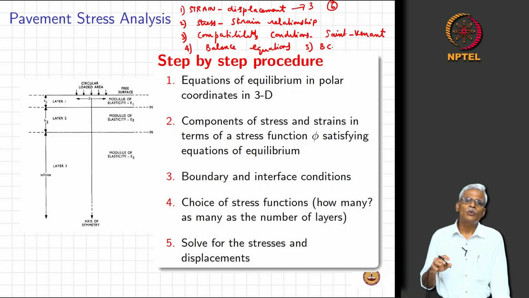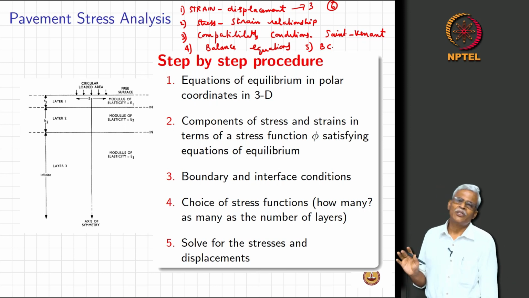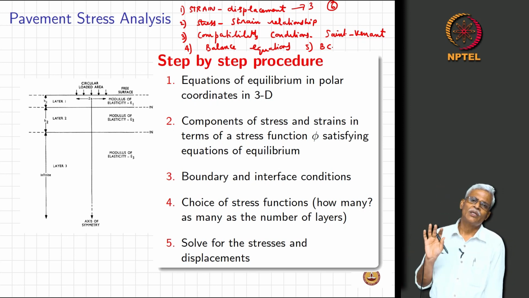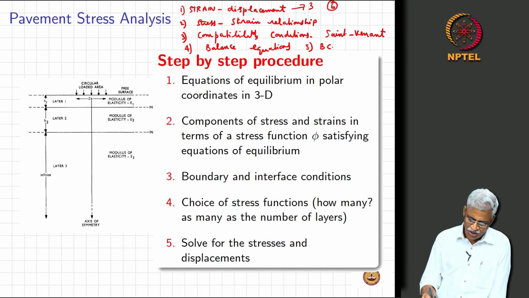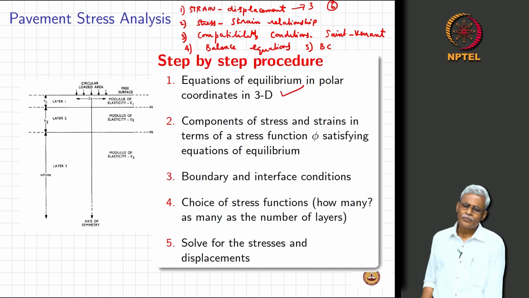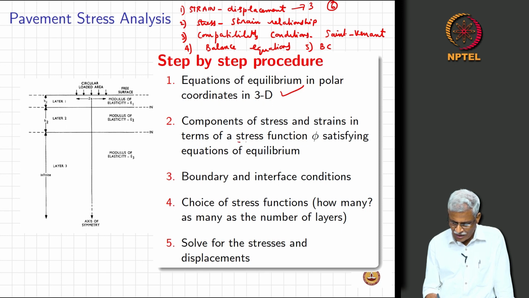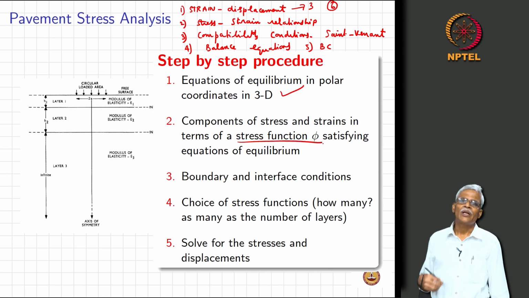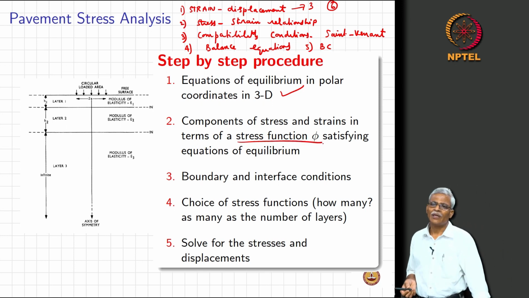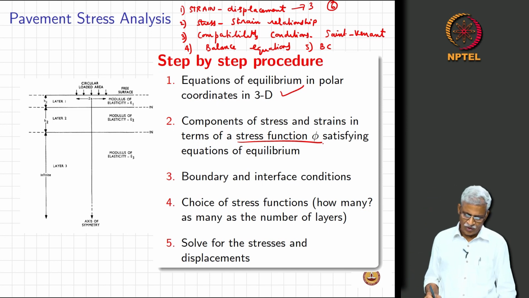Now, I am not going to do the derivation of this, but I am just going to tell you what is the outline. First and foremost, equations of equilibrium in polar coordinates in 3 dimensions, we will write it. Then we will write what is really called a stress function. When I show it to you, it will become very clear what exactly I mean by a stress function.